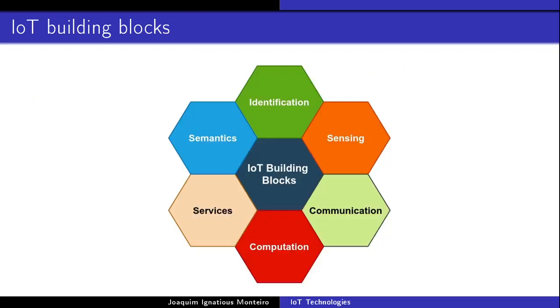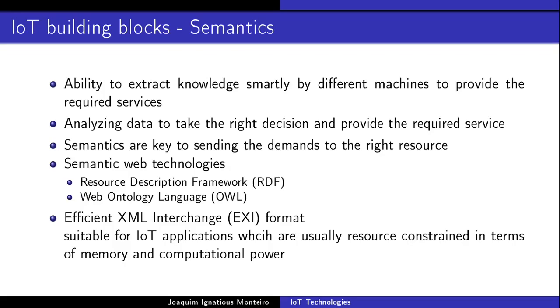the services. Then the semantics is really the way in which you extract information, extract knowledge from machines to provide the different services. Basically it's the programming aspect, the queries. At least some of you might have been exposed to SQL, structured query language. In the same way, you have semantics.